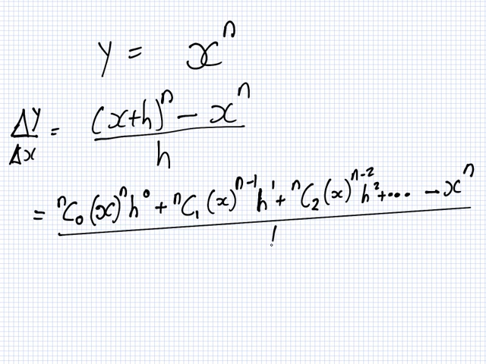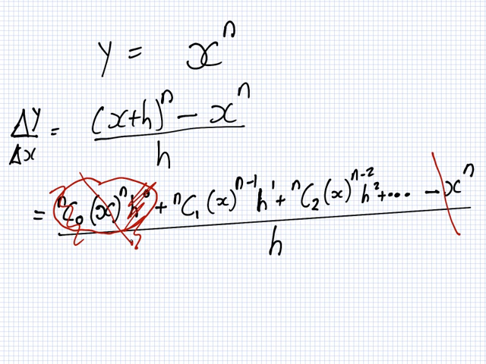What two things cancel? Well, what is this equal to here? If you look at it, h^0 is 1, so that's gone. nC0? 1. x^n can cancel this one. So that goes with that.